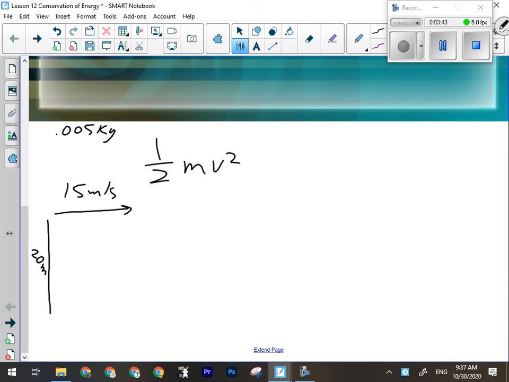When it does that, does that poop have kinetic energy? Yes, it does. It's moving at the same speed as the bird is. Think Newton's first law. If I'm just walking and I drop something, it has kinetic energy because it's moving the same speed I am. Well, the same is true in this situation.